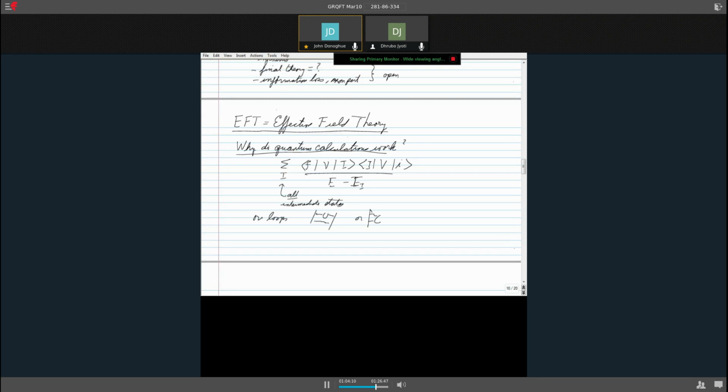When you're even doing quantum mechanics, you might look at some state where you start in some initial state, you have some interaction, you've got an intermediate state, back to maybe some final state, with the initial or final E minus E intermediate, summing over all intermediate states. The trick is that this says all intermediate states.